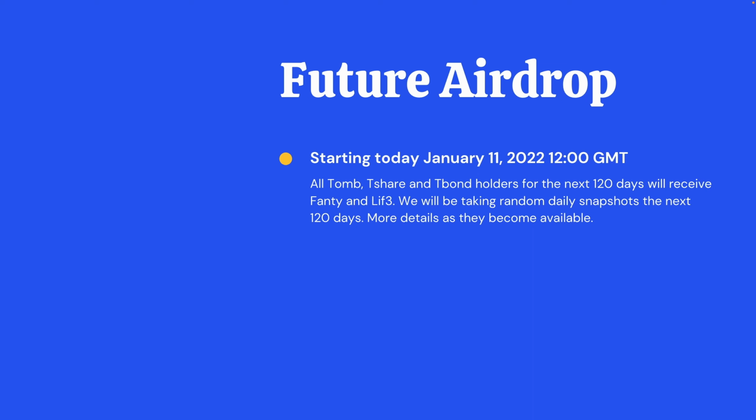What are these? And why would you be interested? We will be taking random daily snapshots the next 120 days, which is roughly 4 months. More details as they become available. So stay tuned and follow the project on Twitter and Discord to find out more on this.